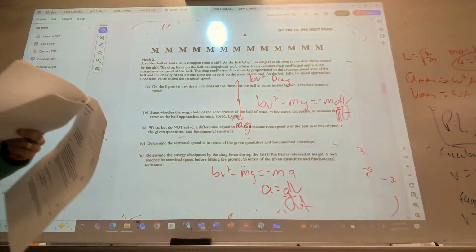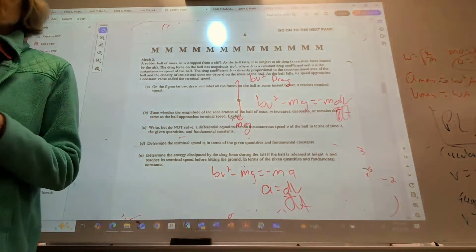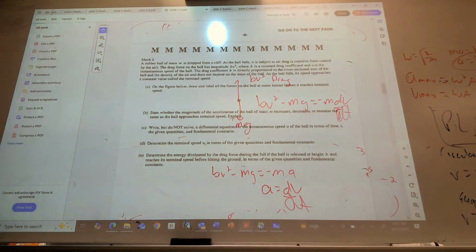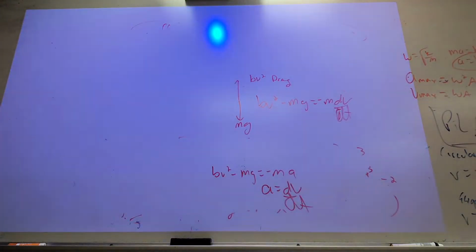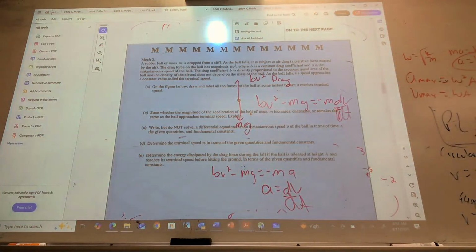Isolate that dv dt, and then go on to D. The two negative m's, do they cancel each other? No, because you have that bv squared doesn't have an m in it.